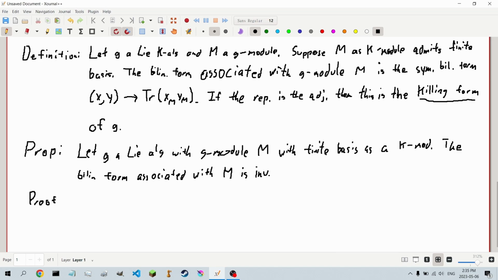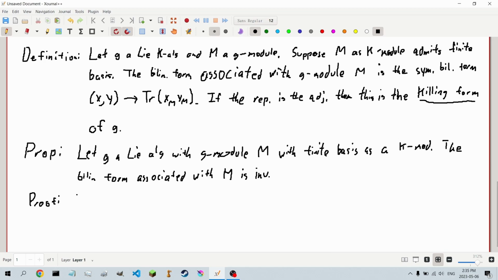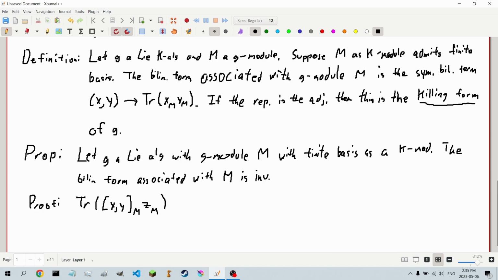Well, the proof is that we have the trace of the bracket of x and y in G acting on M times z acting on M. I guess the matrix product in this context is equivalent to the composition of these actions as operators.